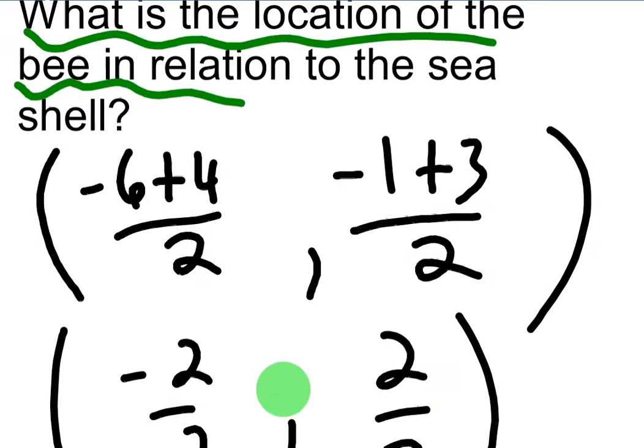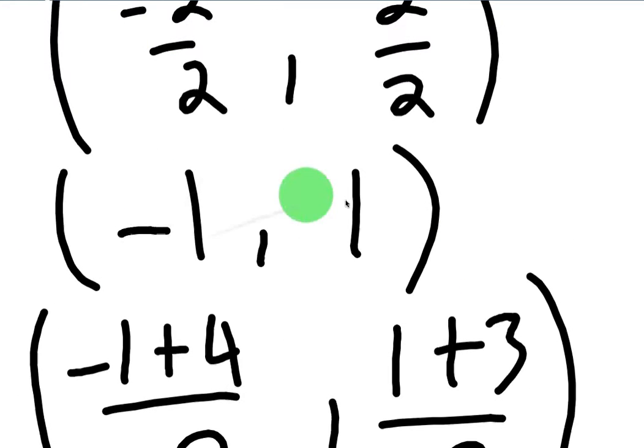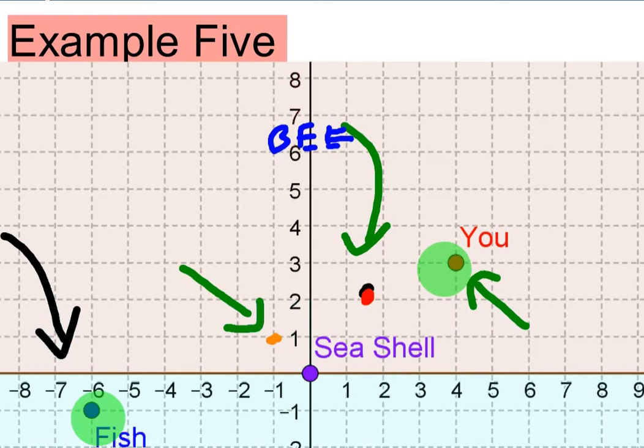Okay? So the original midpoint is going to be negative 1, 1. So going back here, this is our midpoint, but to find the quarter point, we have to find the midpoint between that and you. That will give us the quarter of the way. This will give us the bee's location. So now we're going to find the midpoint between -1, 1 and 4, 3.